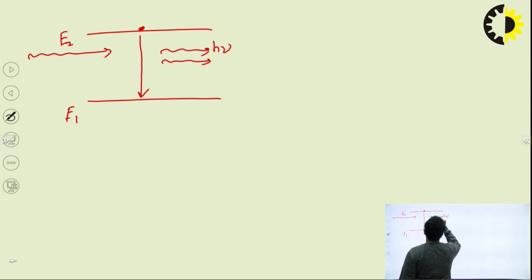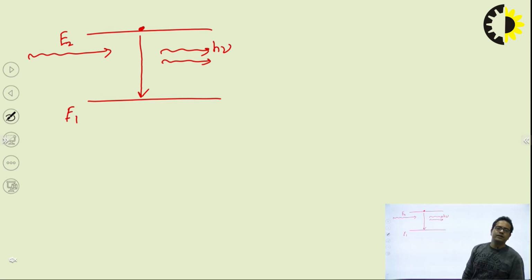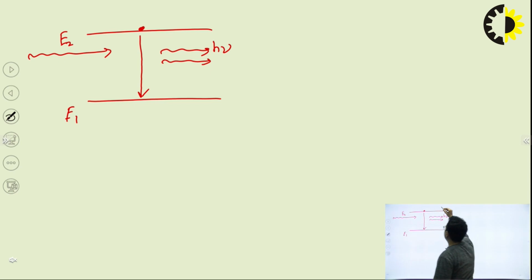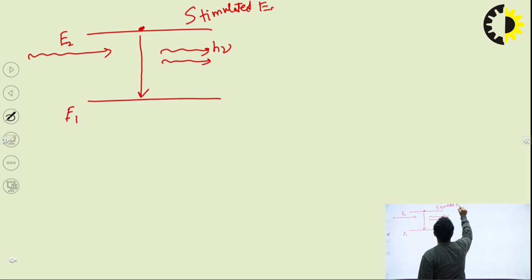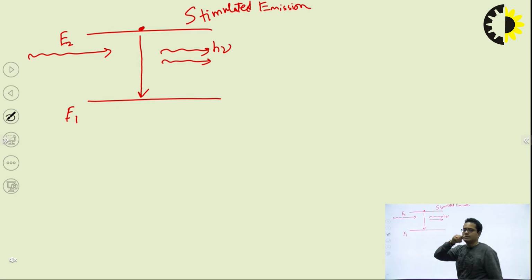So we get two coherent photons emitted from this incident photon. This is called stimulated emission, and it is very responsible for the laser action.